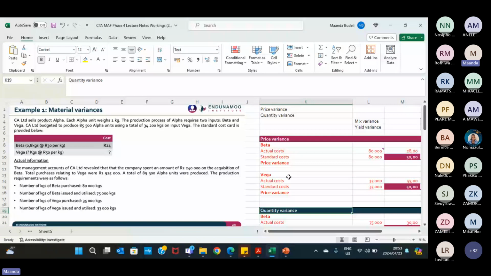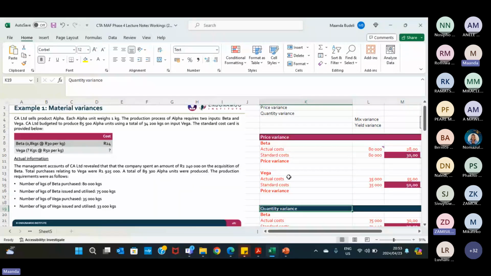Yes, please. Let's say it takes 0.8 kgs times 89,300 units. Okay, but why am I using 89,300 units? The actual number of units produced. So it takes 0.8 kgs to manufacture 1 unit.